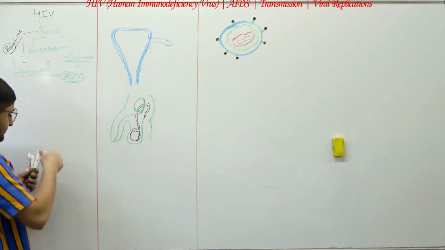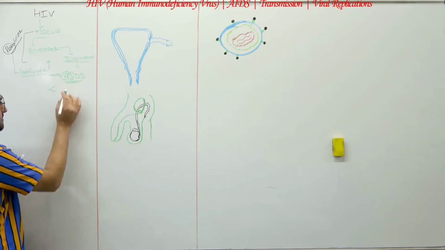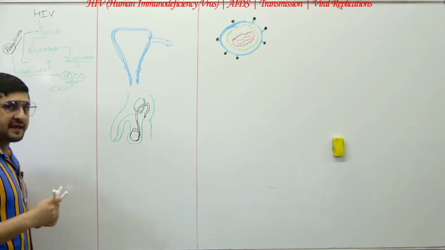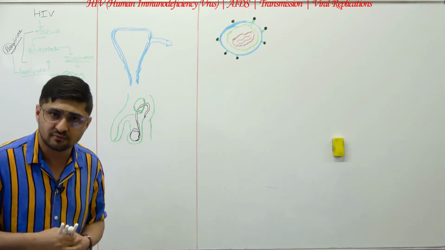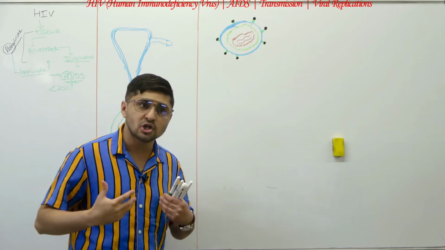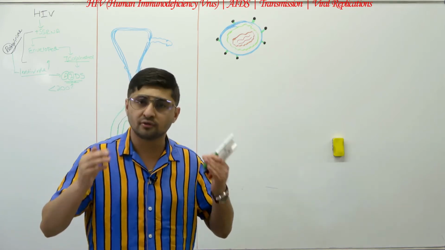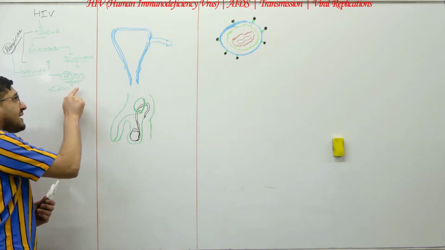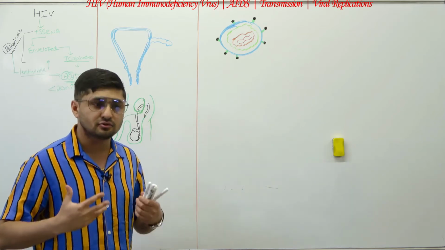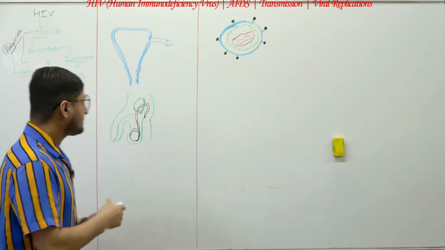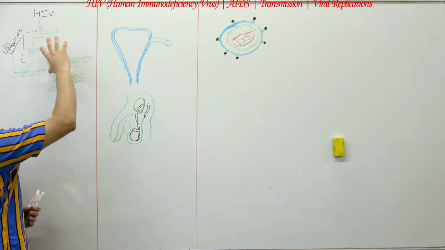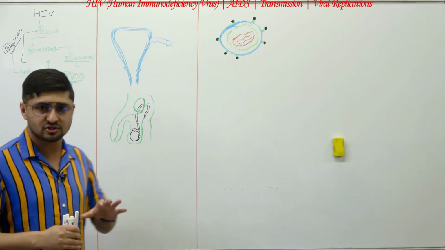Whenever your immune cells, specifically T cells, fall below 200, we call it AIDS. It says acquired, meaning this is not congenital. Throughout your lifetime, you acquire a deficiency in your immune cells that gives you AIDS. This is the concept I want you to remember.